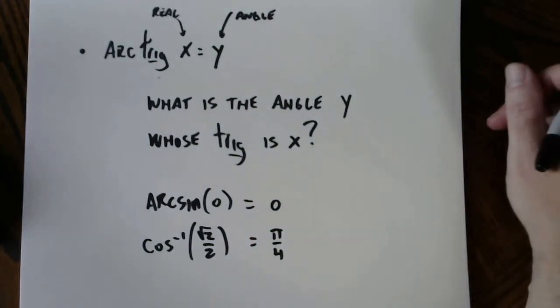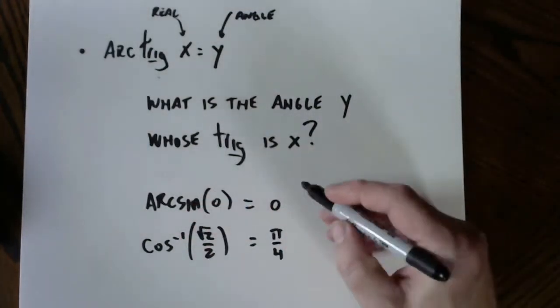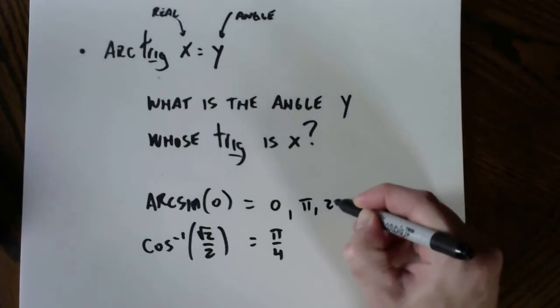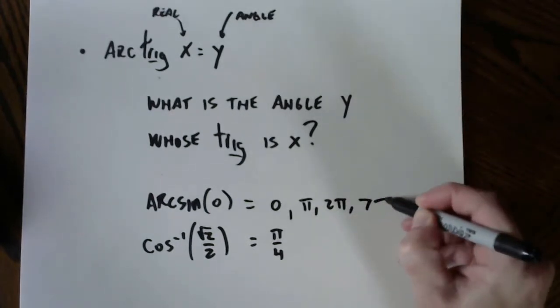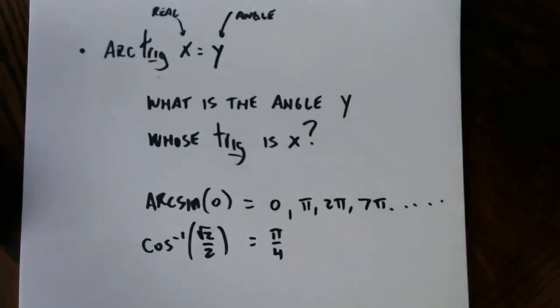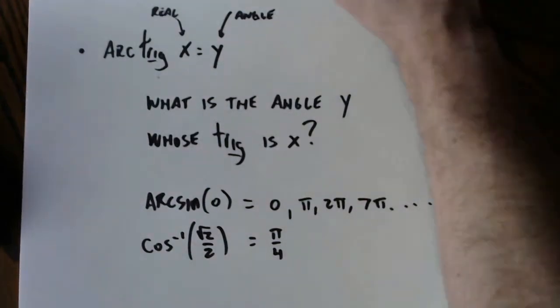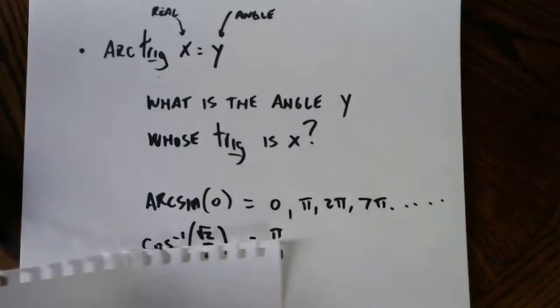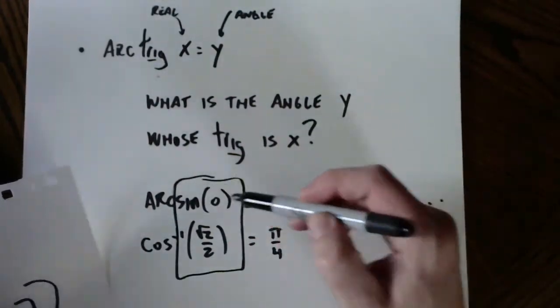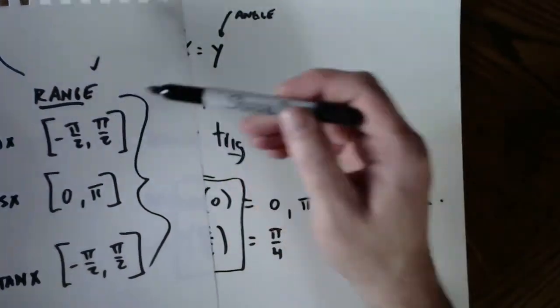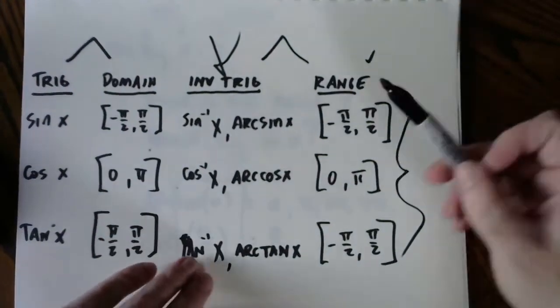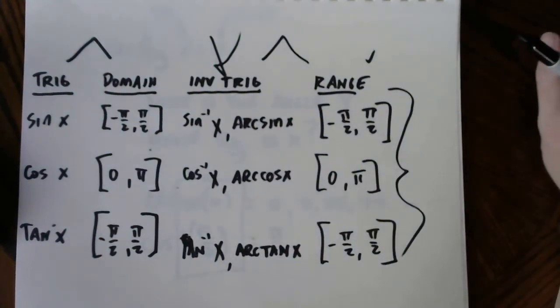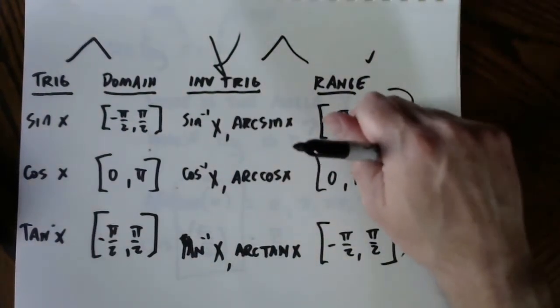There's a lot of angles that have a sine of 0. Like, what about pi and 2 pi and 7 pi, right? So how do I know what the right answer is? That's where this comes in. Okay, so the correct answers here must reside within these intervals. So yes, the sine of pi is 0, but it's not within this acceptable interval.